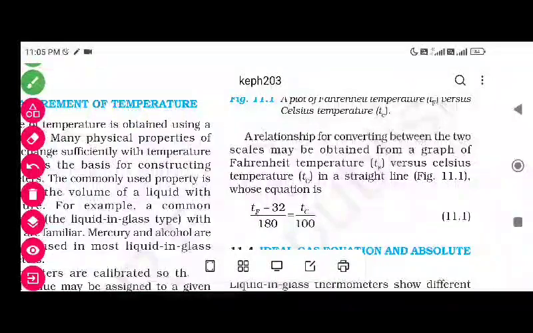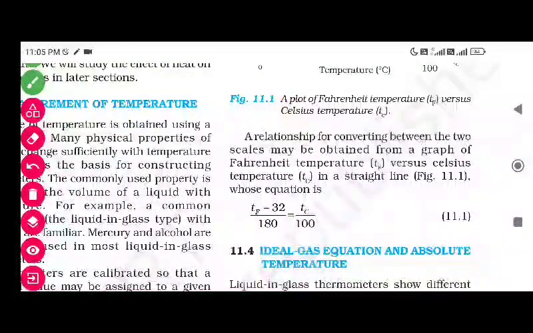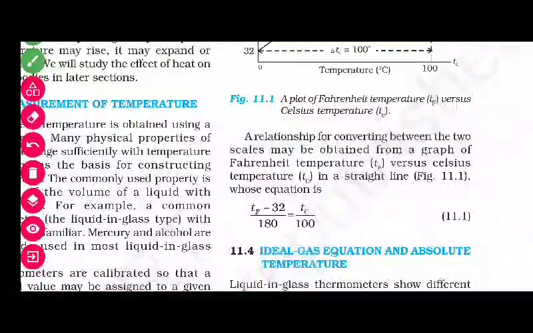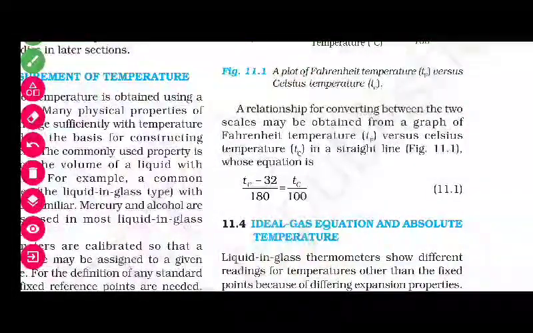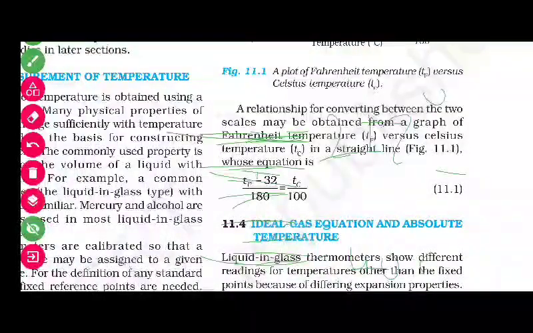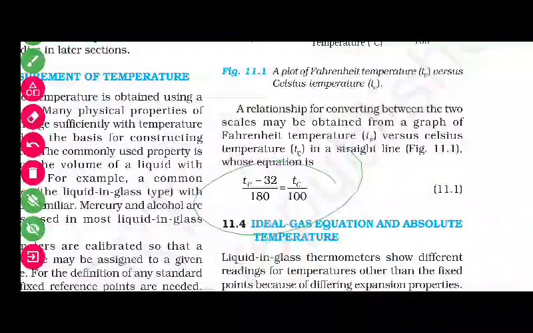A relationship for converting between the two scales may be obtained from this straight line graph. From it we obtain an equation that is very helpful for converting Celsius to Fahrenheit and Fahrenheit to Celsius: (TF minus 32) upon 180 is equal to TC upon 100 degrees Celsius.